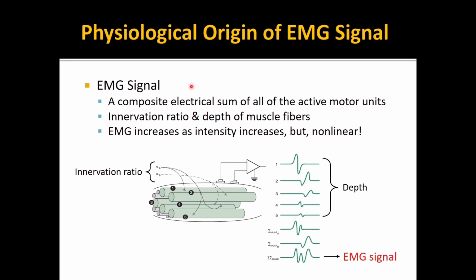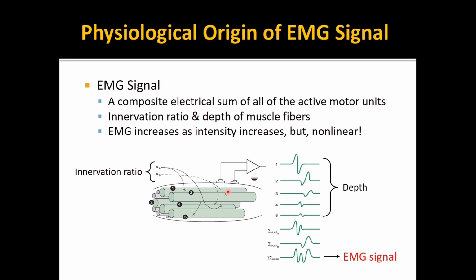So, EMG signal. The EMG signal is the composite electrical sum of all of the active motor units. The magnitude of the motor unit action potential can be affected by innervation ratio and the depth of the muscle fibers. Innervation ratio: here, we have 2 motor neurons. This one can innervate these muscle fibers, whereas this motor neuron can innervate only these muscle fibers.